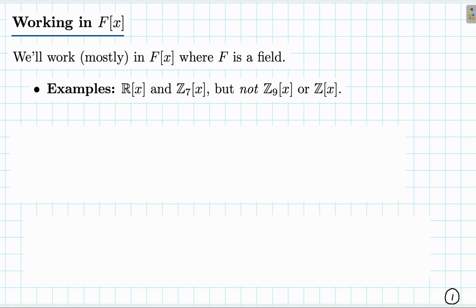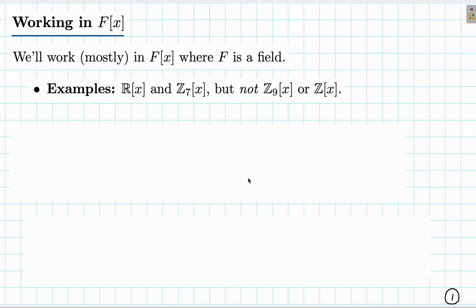The main reason for this is that in F[x], we can perform long division of polynomials, and that leads to the division algorithm in F[x], which, as we've seen in the previous lesson, is a very powerful tool.